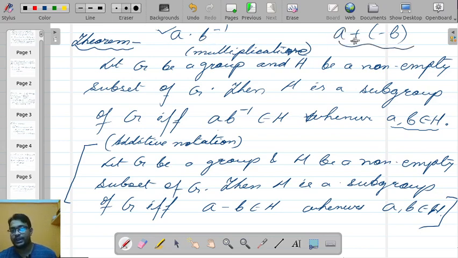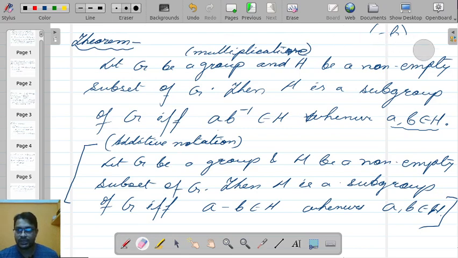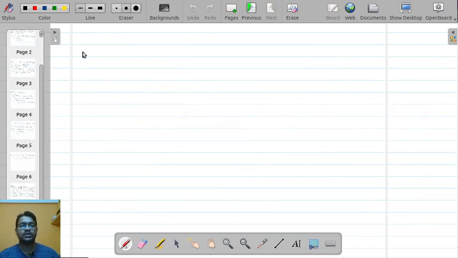Please read this explanation once again so that you can understand. The matter is just that we are changing the notations, meaning the way of writing. So the idea is the same.